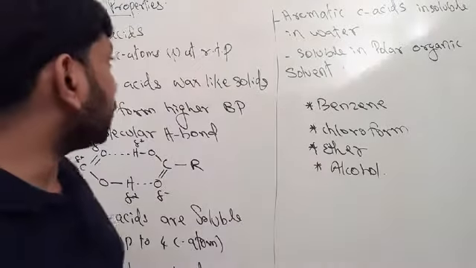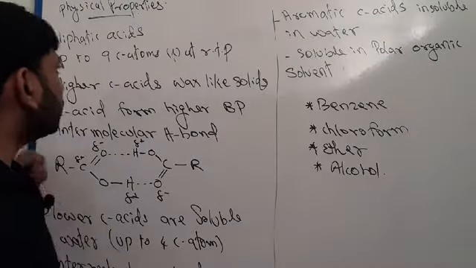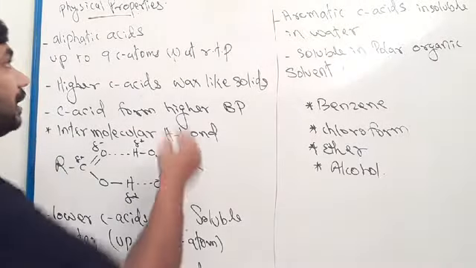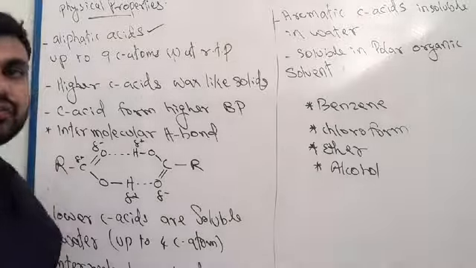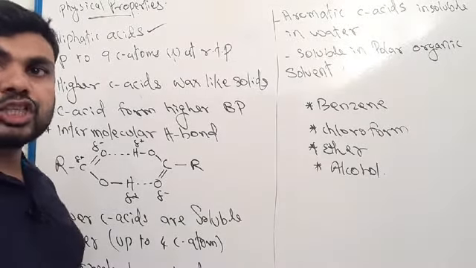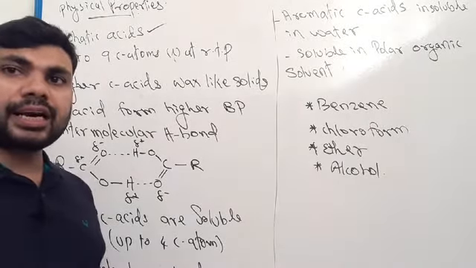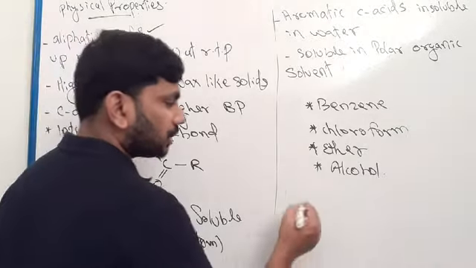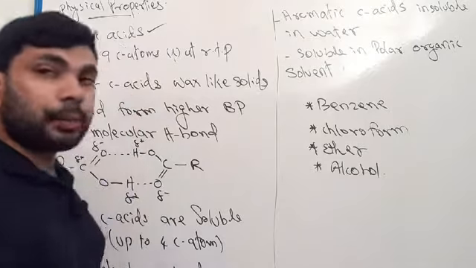Okay, so here physical properties of carboxylic acid. The first point: aliphatic carboxylic acid and aromatic carboxylic acid. Aliphatic acid means carboxylic acid with a chain structure, not aromatic. There is no benzene ring.